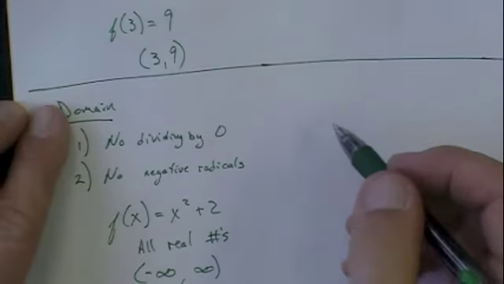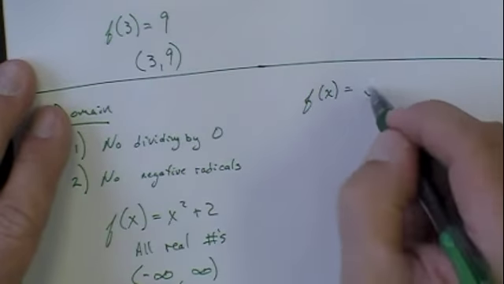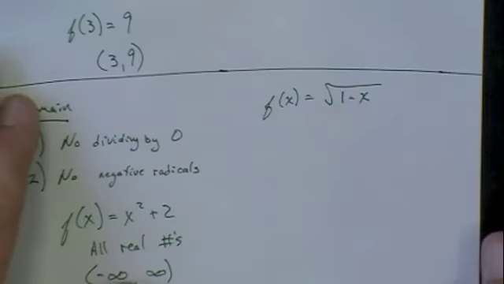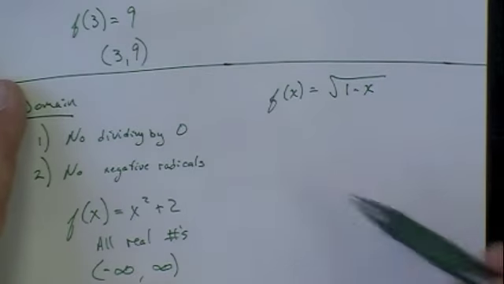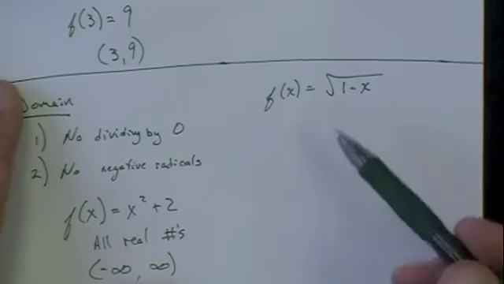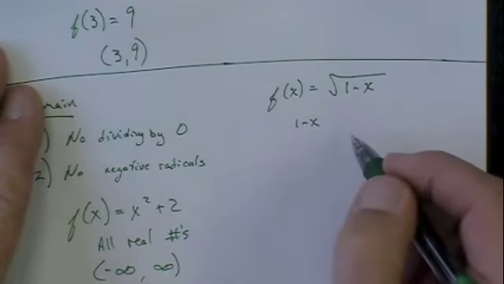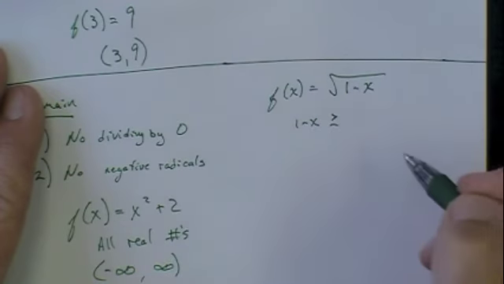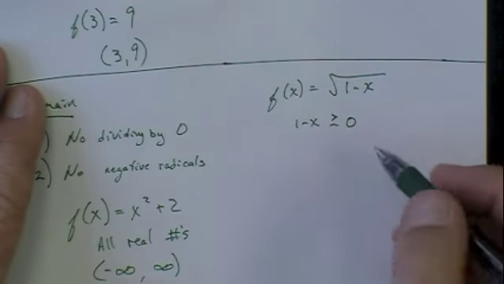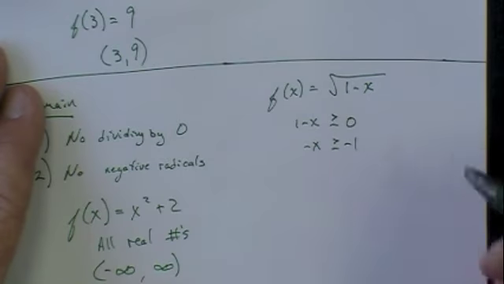So we could write that as -infinity to infinity. If we're looking at something like f of x is equal to square root of 1 minus x. Alright, so here, again, no fractions, so we don't have to worry about dividing by 0, but we do have to look at what if we have a negative radical. So what we cannot have here is 1 minus x being negative. It's going to have to be greater than or equal to 0. And now we solve for x. First we subtract 1, so now we have the opposite of x is greater than or equal to -1.